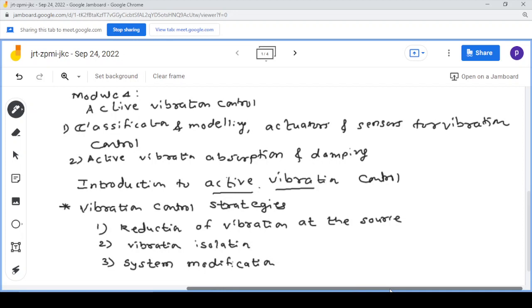If I consider the reduction of vibration at the source, then we want to reduce the source of vibration. So how can we reduce it?